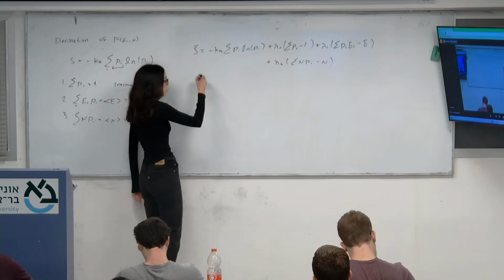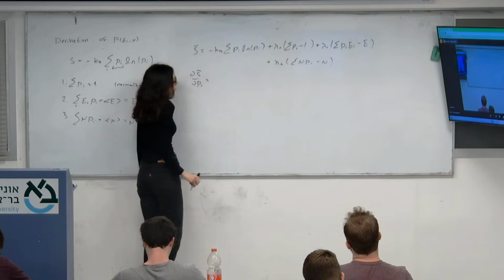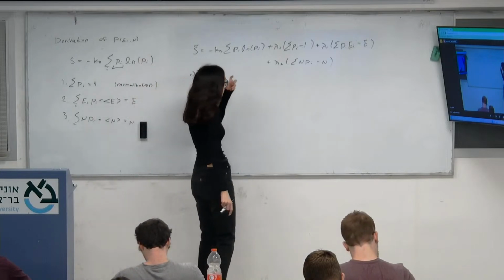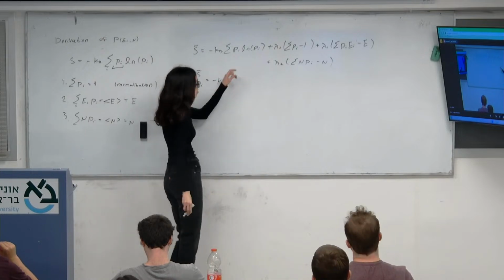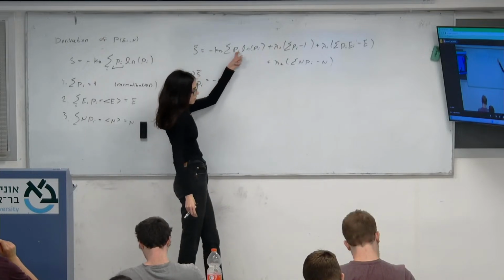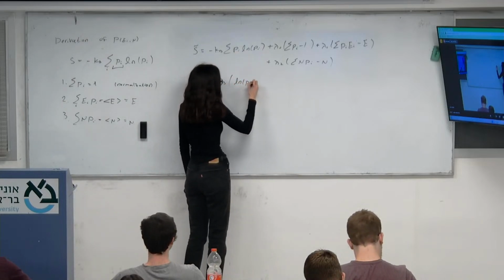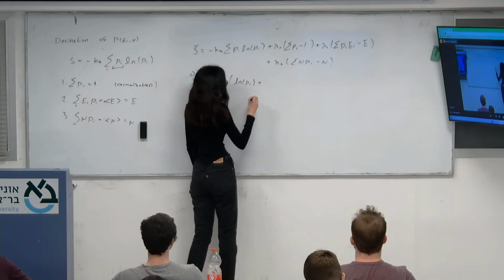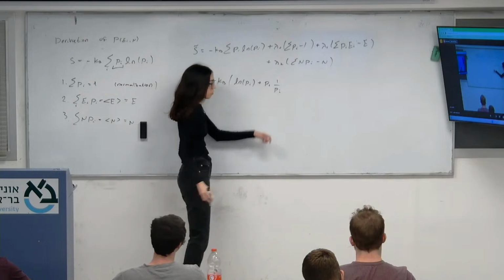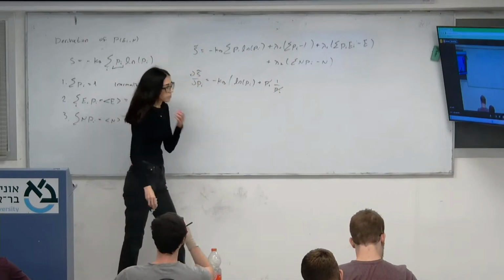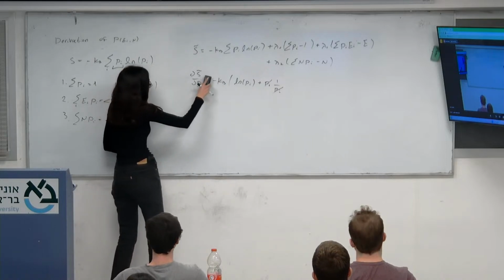To do that, we need to take the derivative of S tilde with respect to p_i and compare it to 0. From the first term, we have the derivative of the first one, so ln p_i plus p_i times 1 over p_i, so this is just 1.